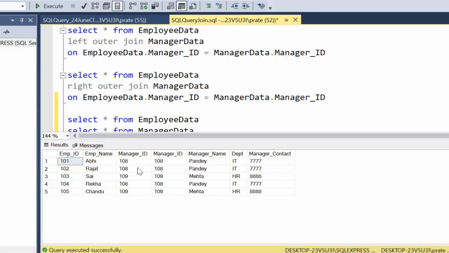So here, matching values from both the tables, we have got the result for this.